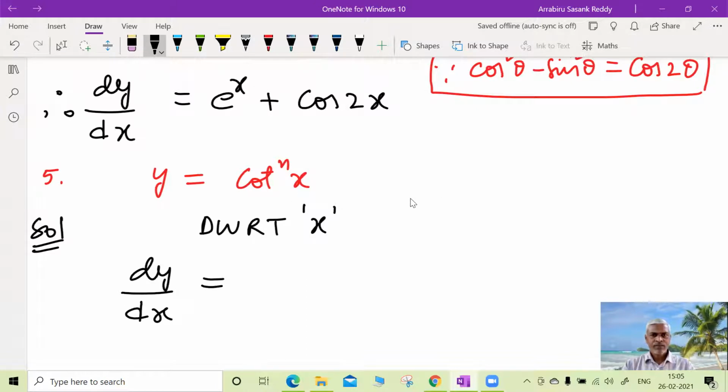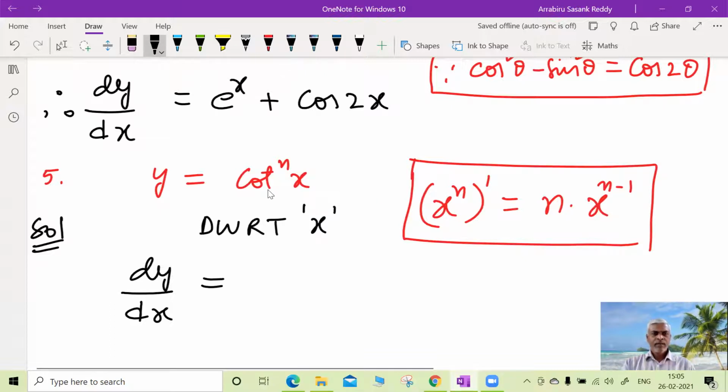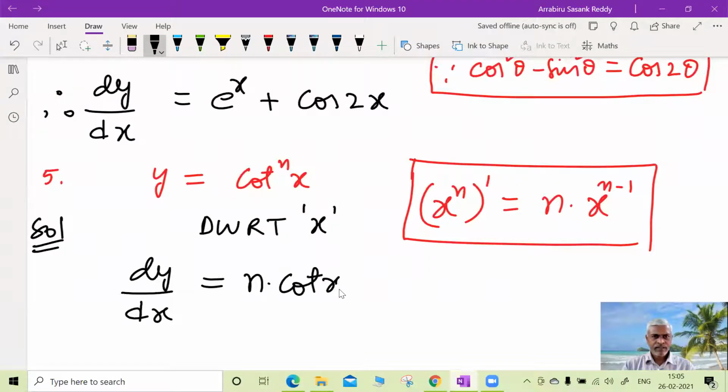So we have x power n differentiation is n into x power n minus 1. This is the first basic formula in differentiation. By using this, it is in the form of x power n. So n into the function cot x power n minus 1.